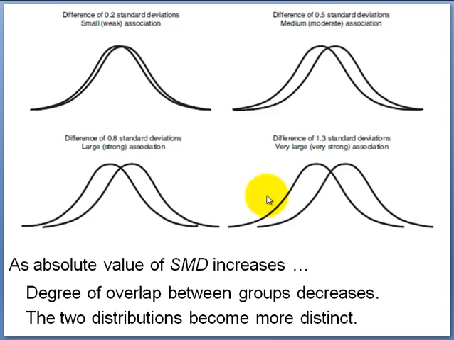Though the groups are quite distinct here, you can see that there's still some overlap, so that when we say that the association is very large, we're speaking in the context of social science rather than strictly in a mathematical way. In what would perhaps be conceptualized as a perfect distribution or the strongest possible association, there'd be absolutely no overlap between the groups, but you just wouldn't find a difference that large in social science research.